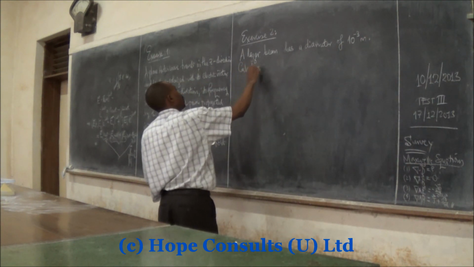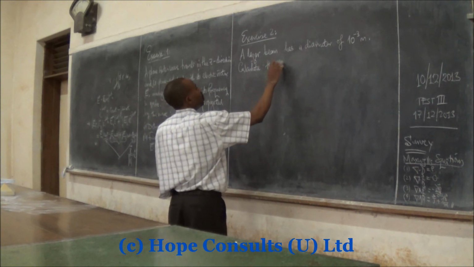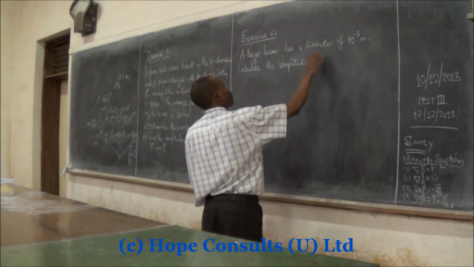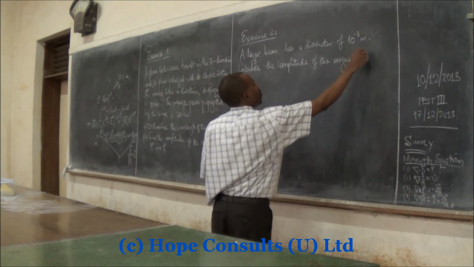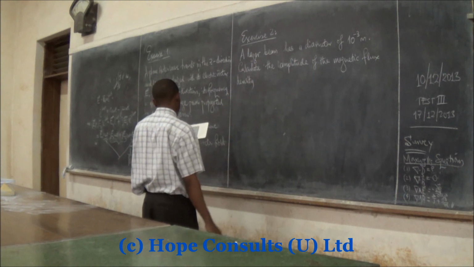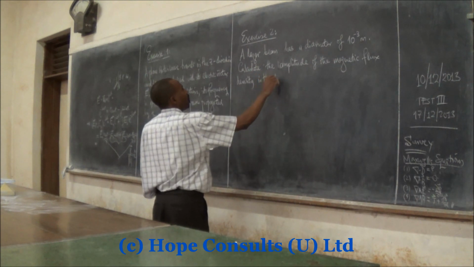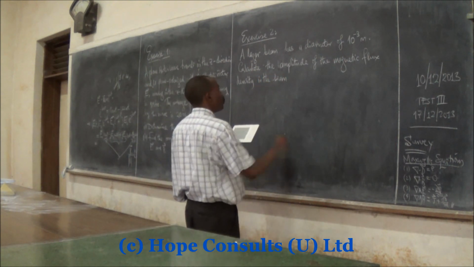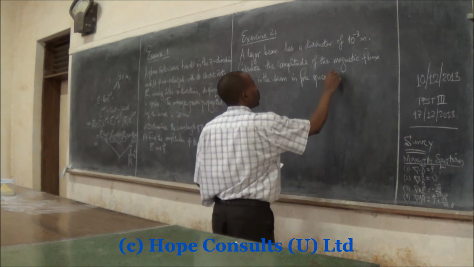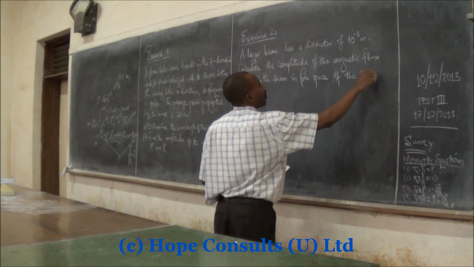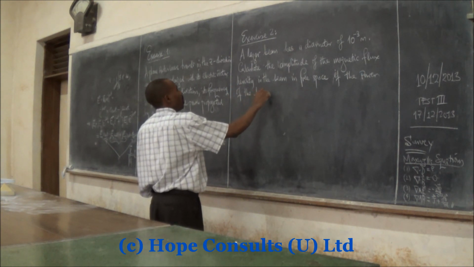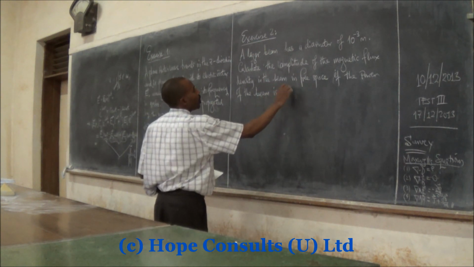Calculate the amplitude of the magnetic flux density in the beam in free space, if the power of the beam is 1 watt.